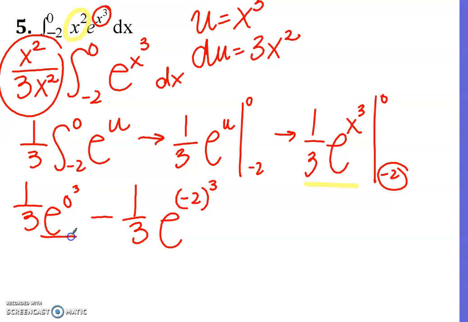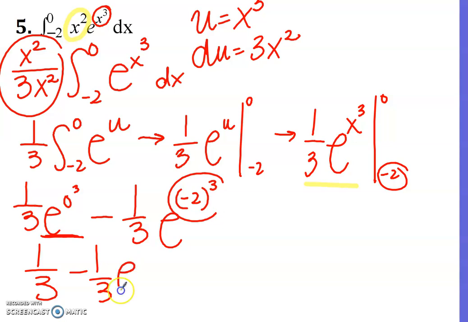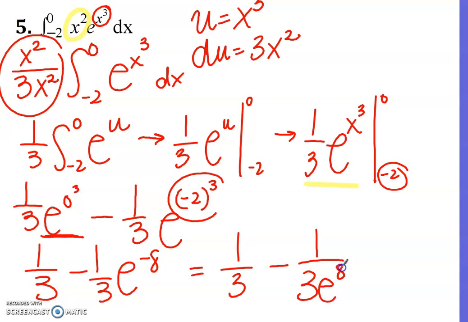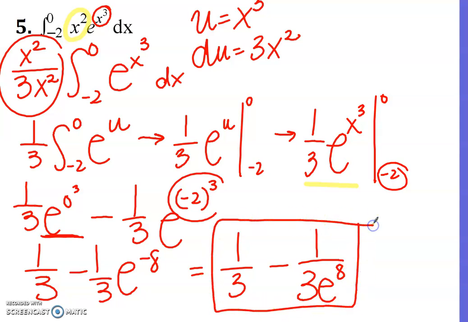So this just becomes 1, which means this is 1/3 minus 1/3 times this, which is going to be e to the -8. And we can push that negative exponent to the denominator. So it's going to be with that 3. And there's our final answer.